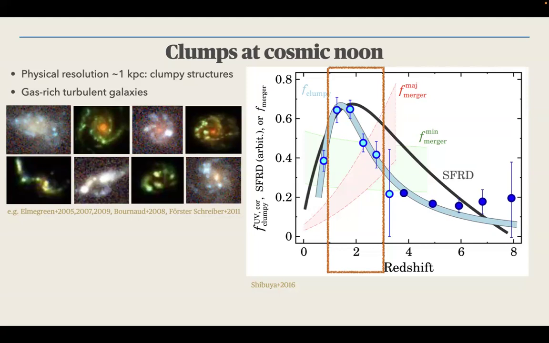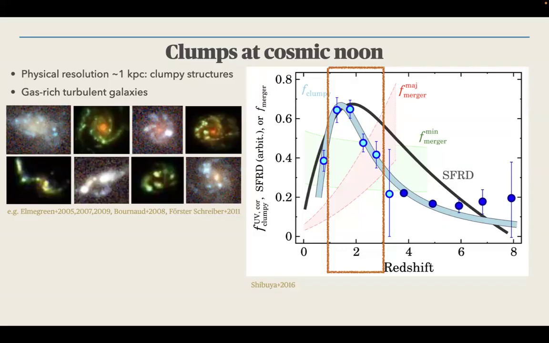And it more or less follows the star formation rate density curve. So the increase of star formation in general is related to the production of these clumps. Because they're at cosmic noon, and JWST has a resolution of 1 kiloparsec, they are very large scale. They are very large star forming regions.